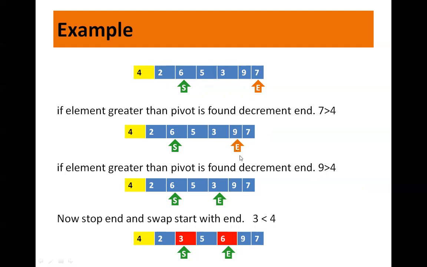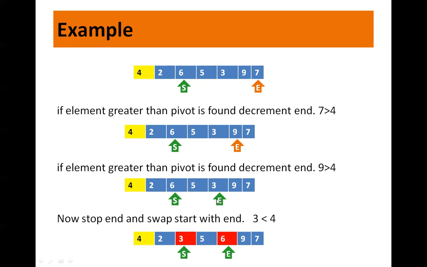Again, you check whether 9 is greater than the pivot. Yes, so again decrement the end pointer. Now it is pointing at 3. Again, check whether the end pointer value is greater than 4. No, it is not. So you freeze the end pointer. That means it will not move further now.